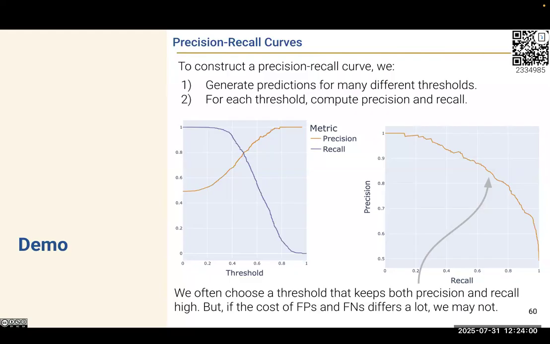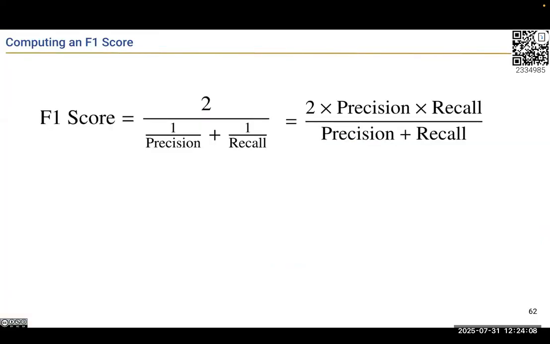Sometimes you might not want to balance precision and recall. Sometimes you might want one over the other. But if you do have similar costs for these two types of errors, what you can use to balance precision and recall is called the F1 score. The F1 score is defined to be 2 over 1 over precision plus 1 over recall.